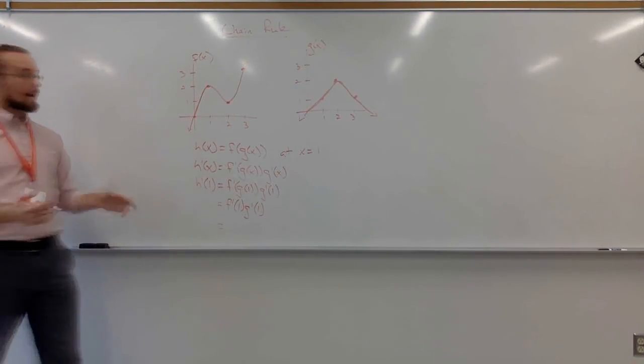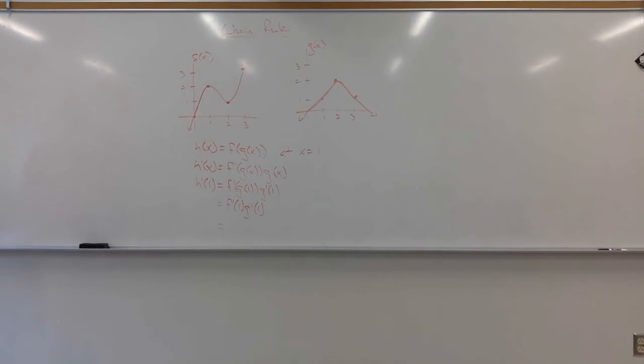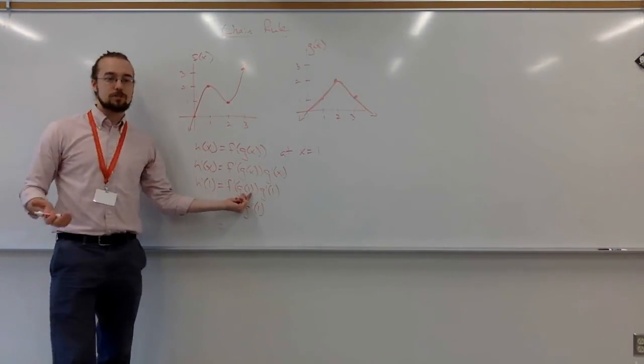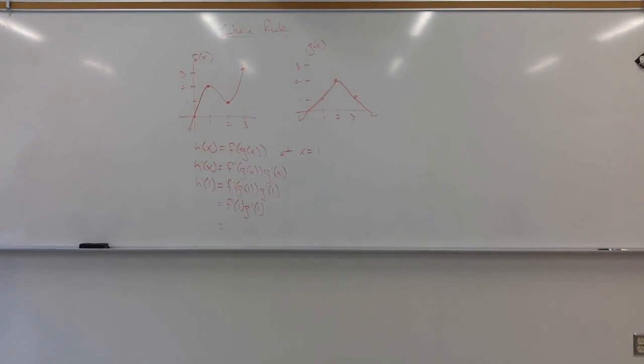So now how do I get these pieces of information from a graph? It's easy to evaluate the function value from a graph. How would I then get these values from a graph, slopes from the graph?